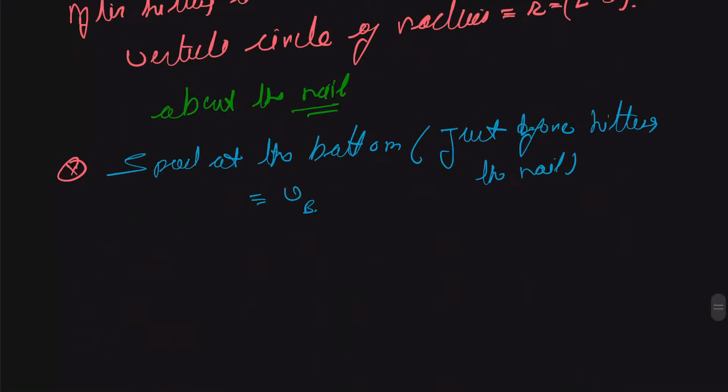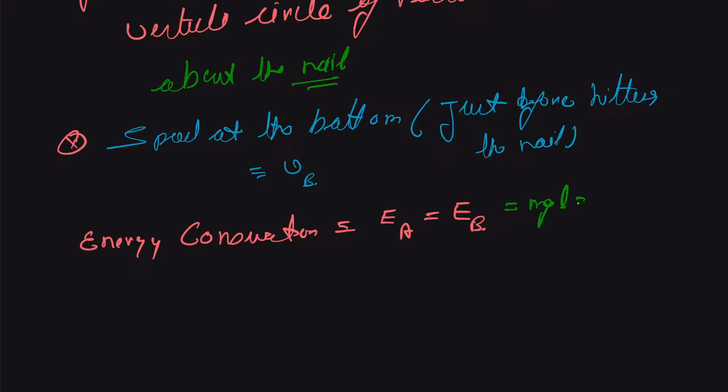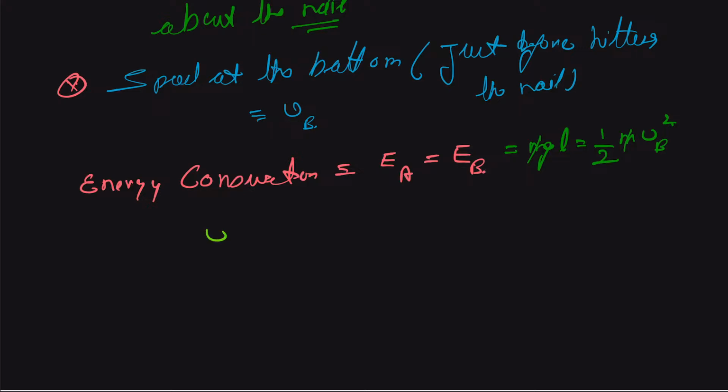So energy at A equals energy at B: mgl equals half m VB square. So from here we get that our velocity at point B is 2gl.